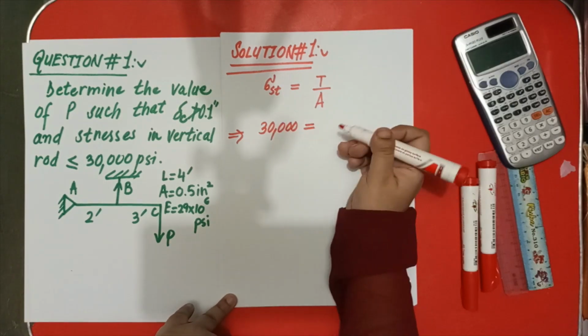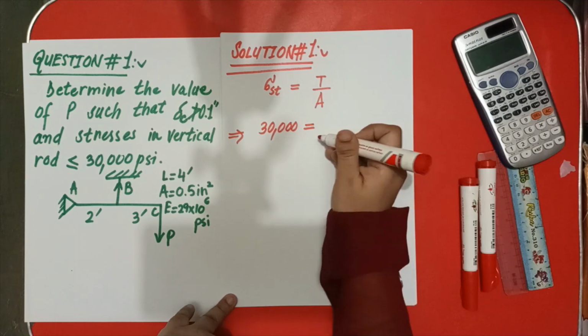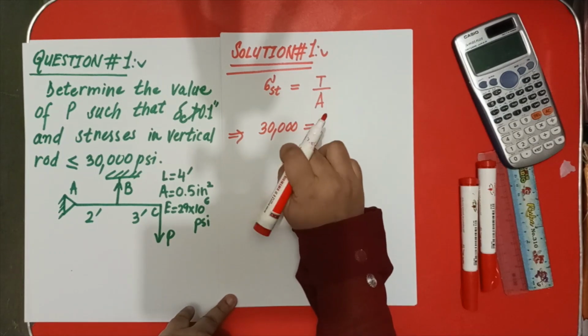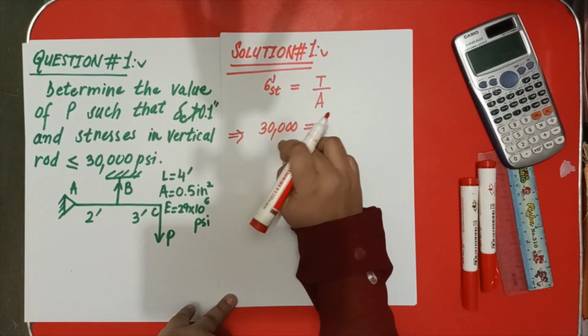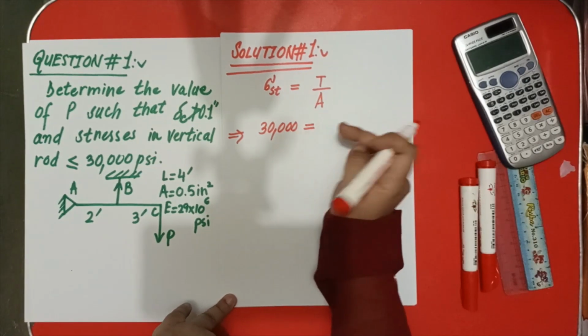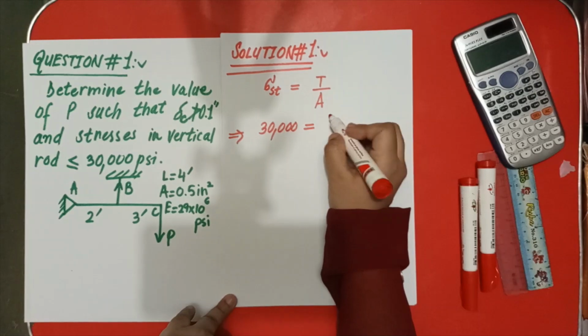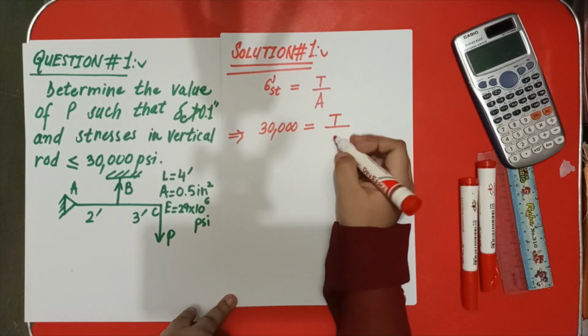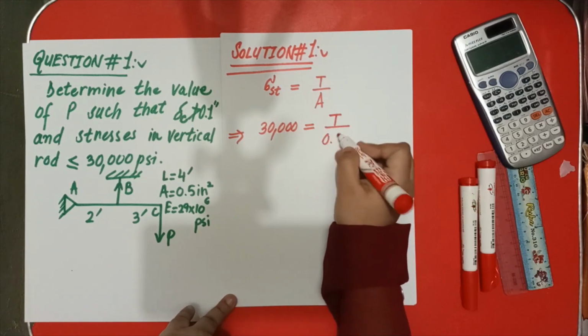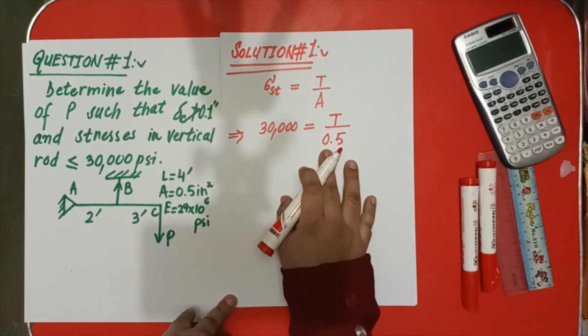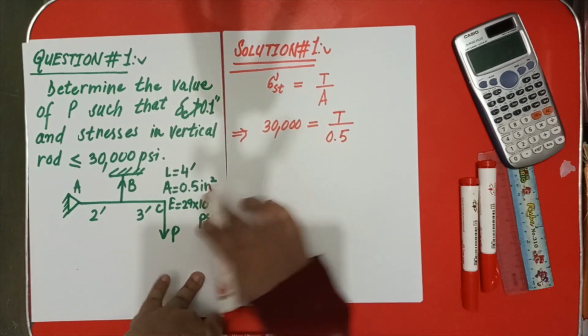I assume it because it is not greater than 30 ksi, but it can be equal to 30 ksi, and it can be less than. So I am taking this value 30, and T upon 0.5 inches square, that is also given in the question.